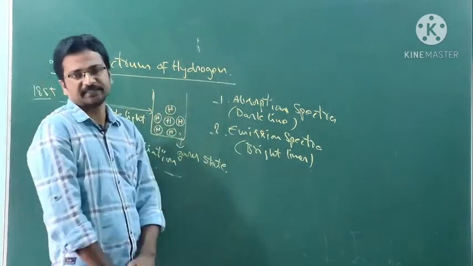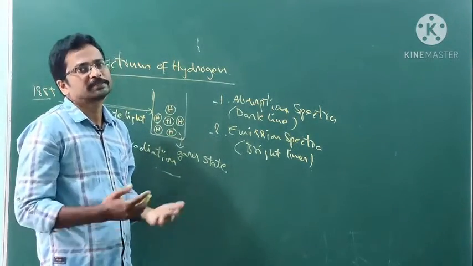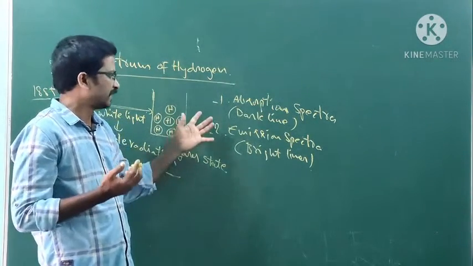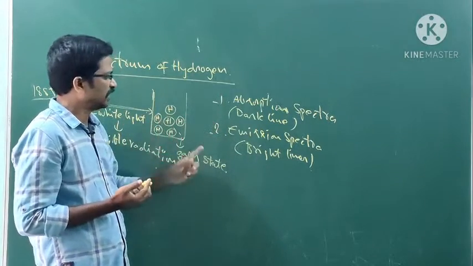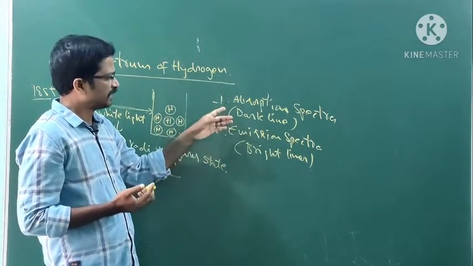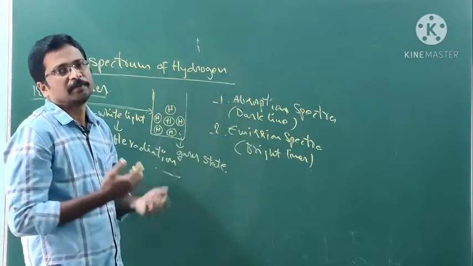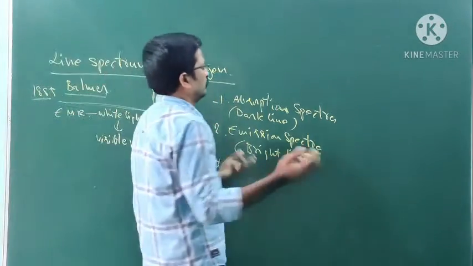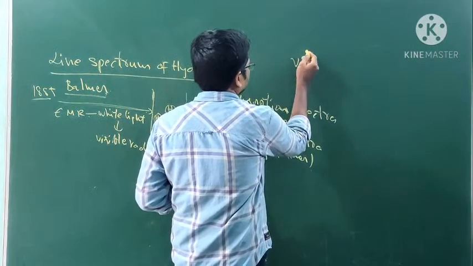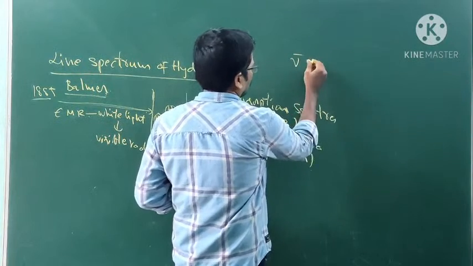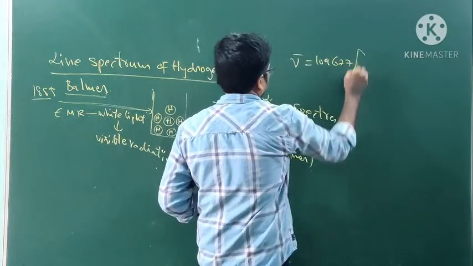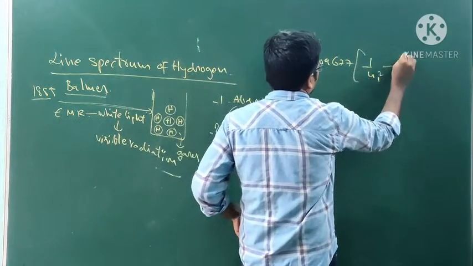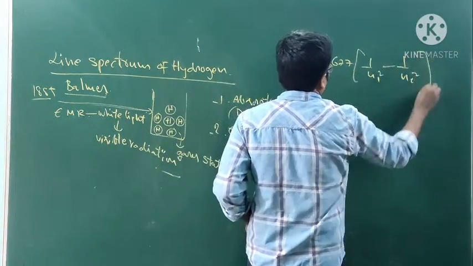Balmer did this experiment. He explained his spectral lines by passing white light into hydrogen atoms. You should explain these two concepts by taking one law: 109,677 into 1 by n1 square minus 1 by n2 square.